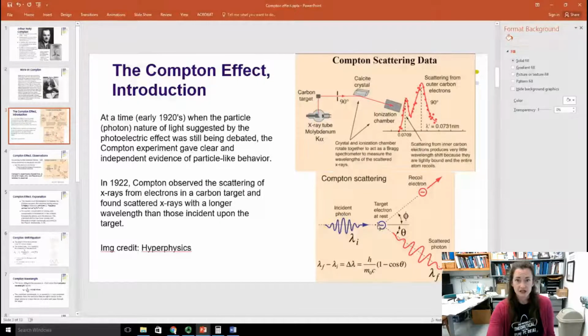That caused the electron to kind of move off. We'll call that the recoil electron, and then the scattered photon would move off at a different angle. The angle of the X-ray would be theta here in this picture, and phi would be the angle of the scattered electron. He came up with this equation that he derived from the momentum and energy conservation equations, and this is the Compton scattering equation that he's so famous for. And we'll go over it more in a second.